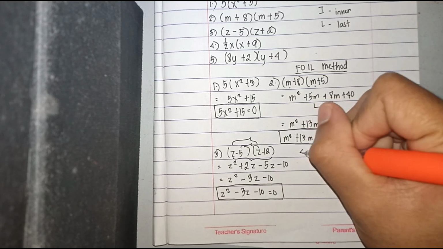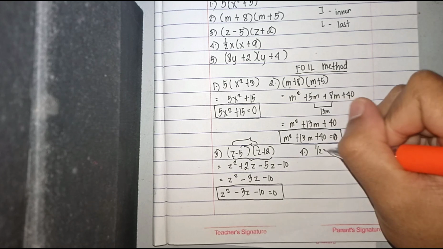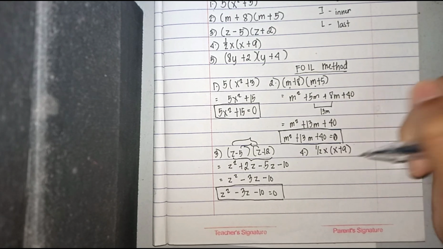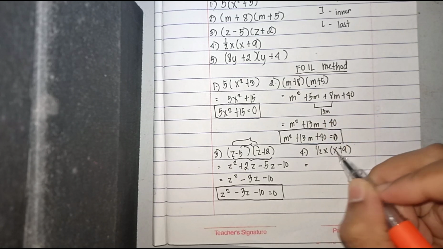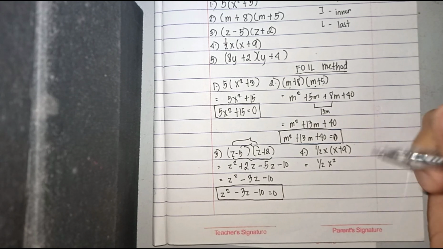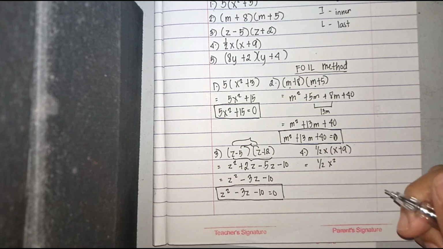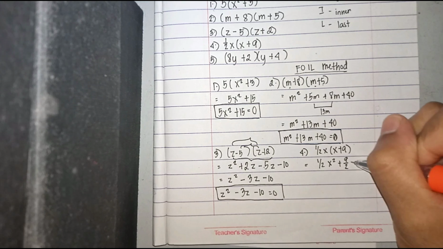Number 4. So 1/2 x times x plus 9 is equals to, so 1/2 x times x is 1/2 x squared. Next, 1/2 x times positive 9 is positive 9/2 x.